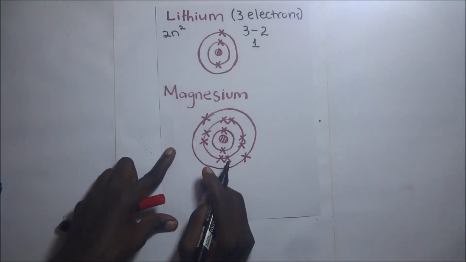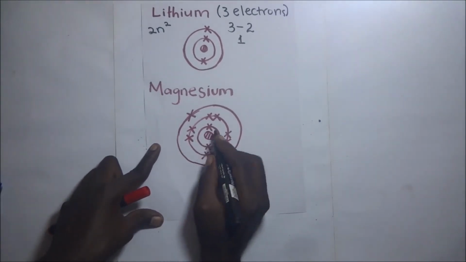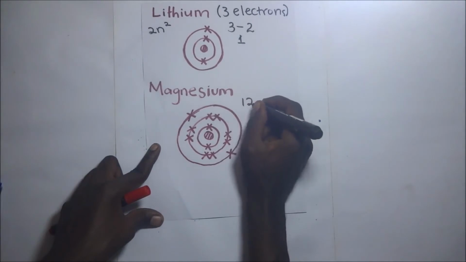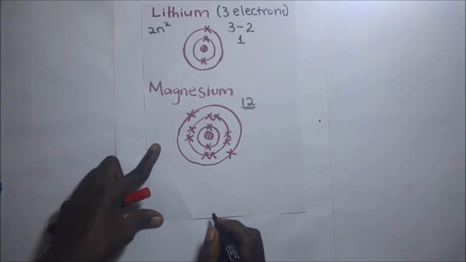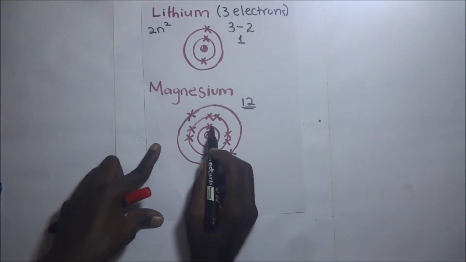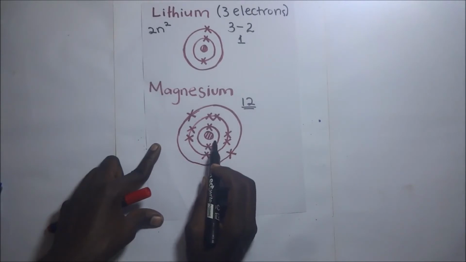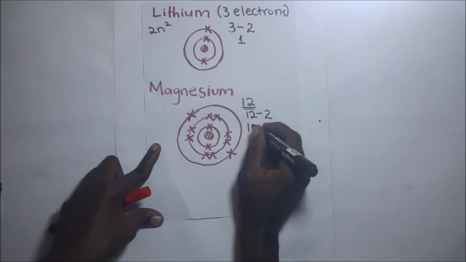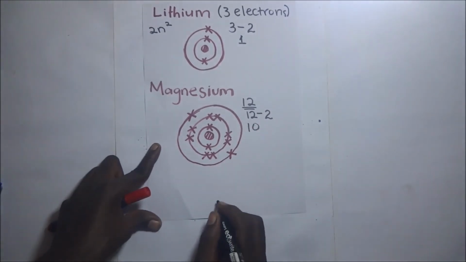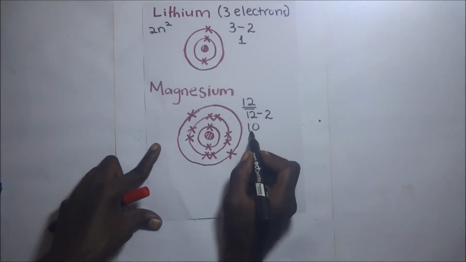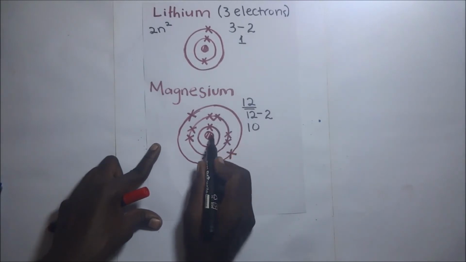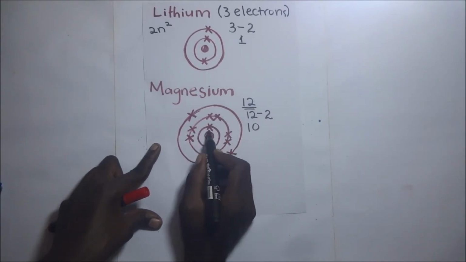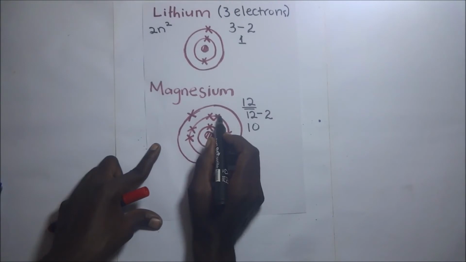Same idea with magnesium. Magnesium has 12 electrons, and that means the first energy level can carry up to a maximum of 2 electrons. Because the first 2 electrons have already got space, it leaves us with 10 electrons still looking for space. These 10 electrons cannot occupy a space on the first energy level, but will occupy space on the second energy level.